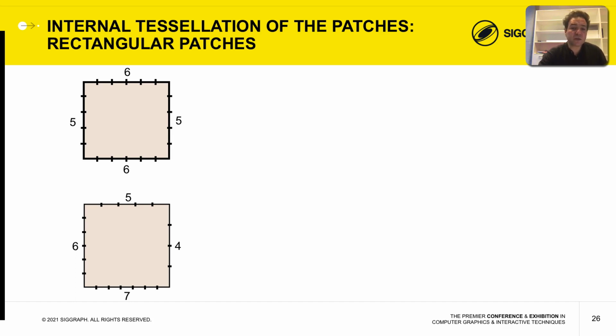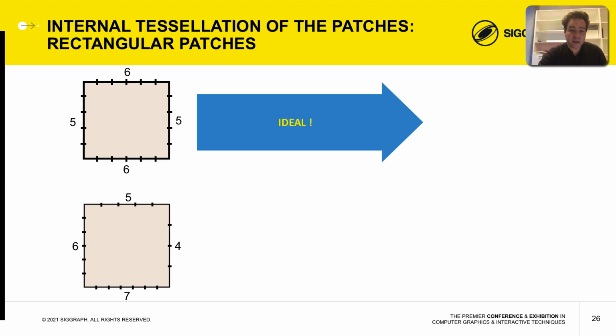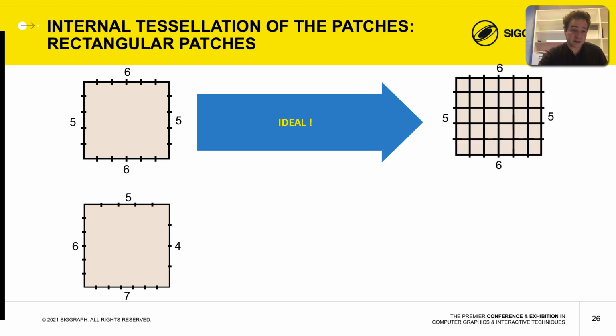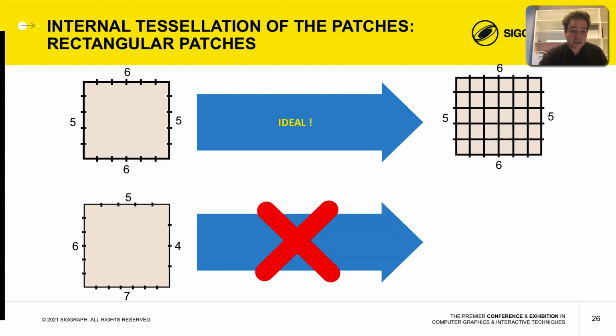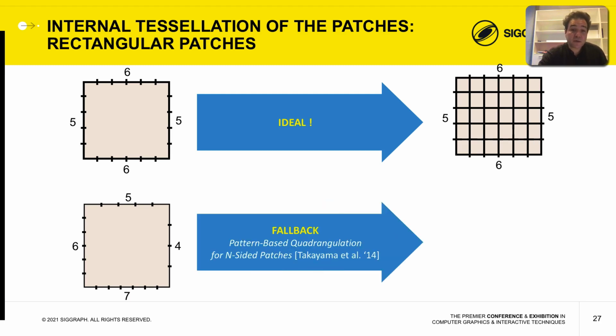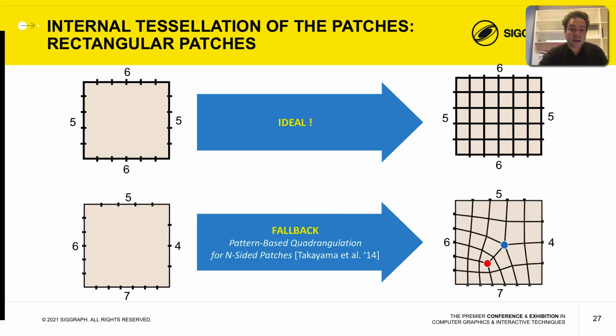In this case, we can simply quadrangulate the patch with a regular grid. If this is not the case, we can still quadrangulate the patch if the sum of the sides is an even number. For this purpose, we can use the method proposed by Takayama and colleagues. Clearly, the regular case is to be preferred because it inserts fewer irregular vertices.